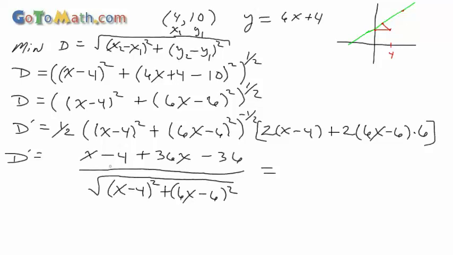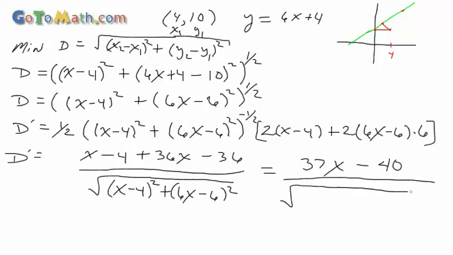So we have x plus 36x is going to be 37x, and then negative 4 minus 36 is, what is that? That's, so my brain conked out on me, 40. Alright, and then of course it's all over the square root of 6x minus 4 quantity squared plus 6x minus 6 squared.